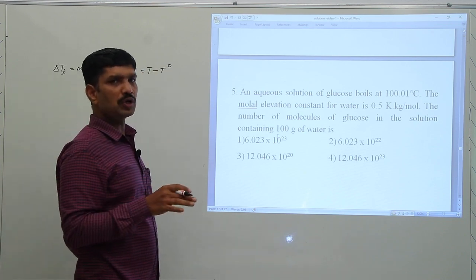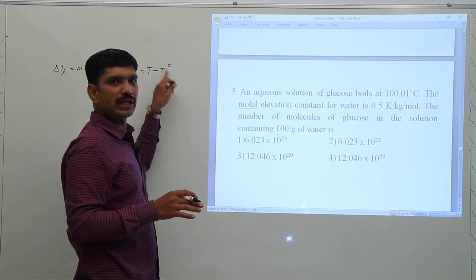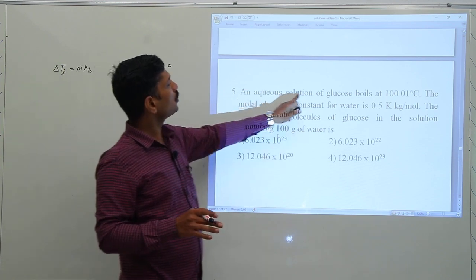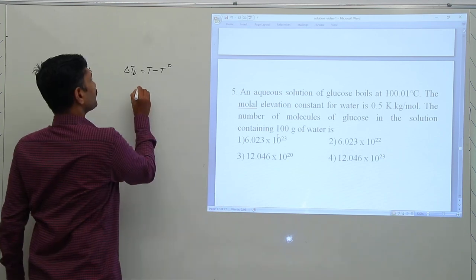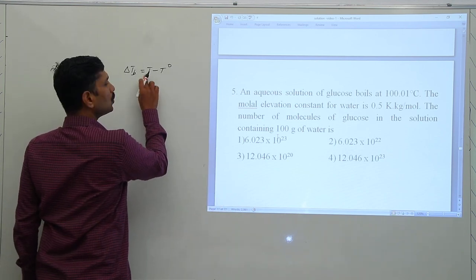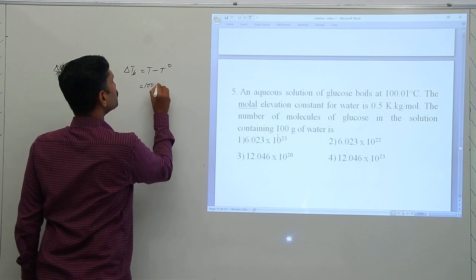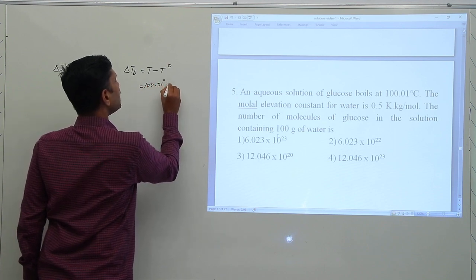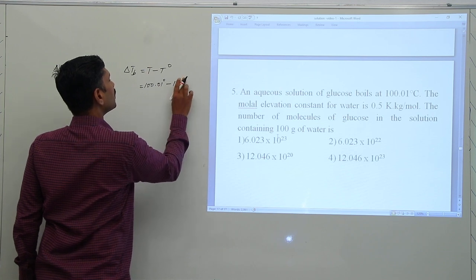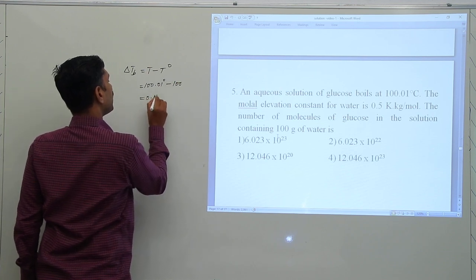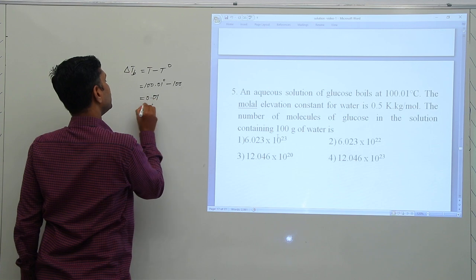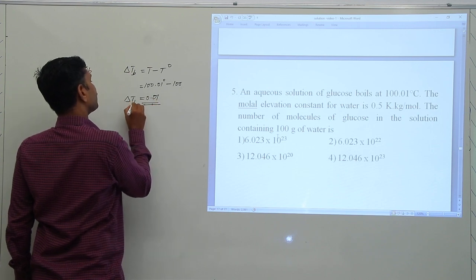The difference between the boiling point of the solution and the pure solvent is called elevation in the boiling point. The glucose solution boils at 100.01 degree minus 100 degree, so the answer is 0.1. This is delta Tb.